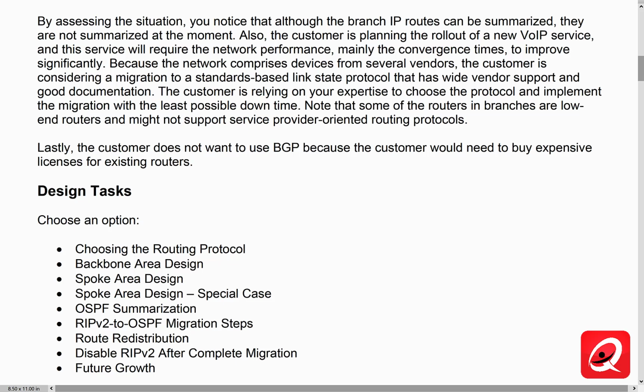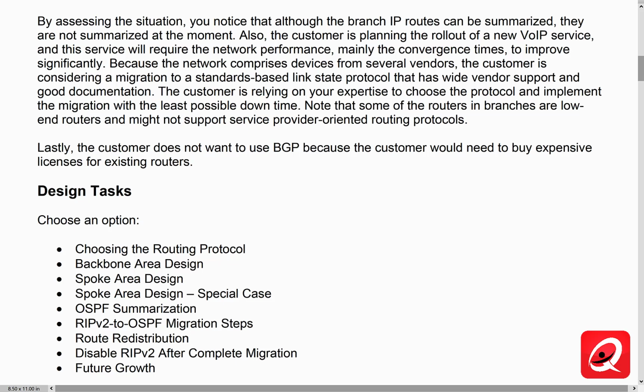Because the network comprises devices from several vendors, the customer is considering a migration to a standards-based link state protocol. Well, we only have 2 of those. That has wide vendor support and good documentation. Well, that pretty much limits us to OSPF in this particular case. The customer is relying on your expertise to choose the protocol and implement the migration with the least possible downtime.